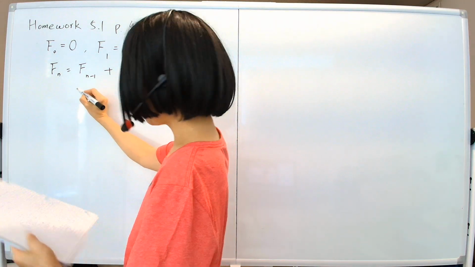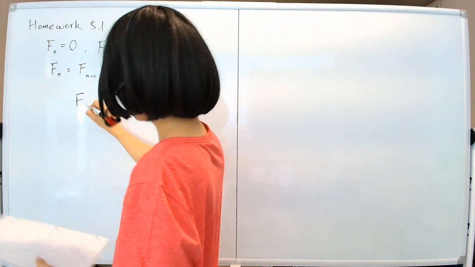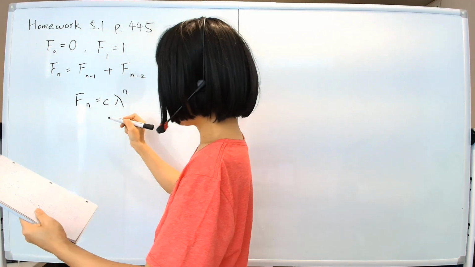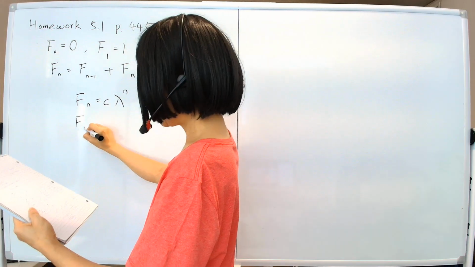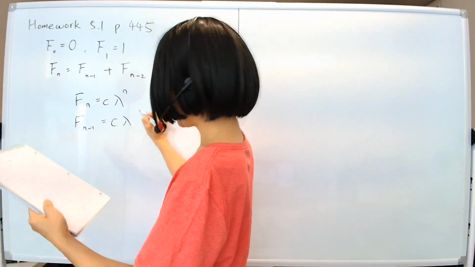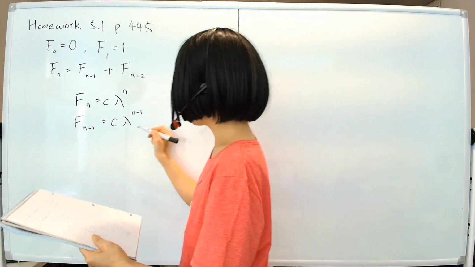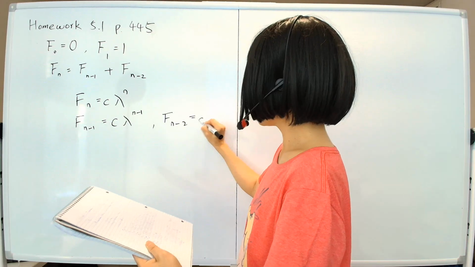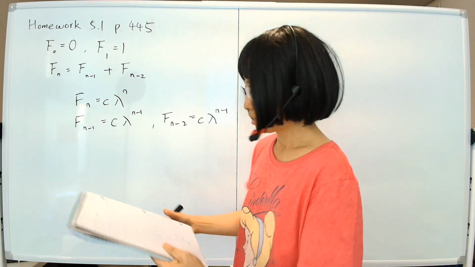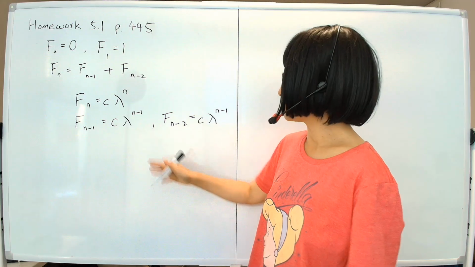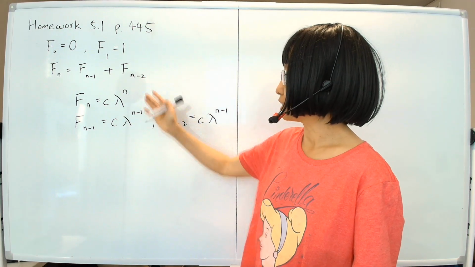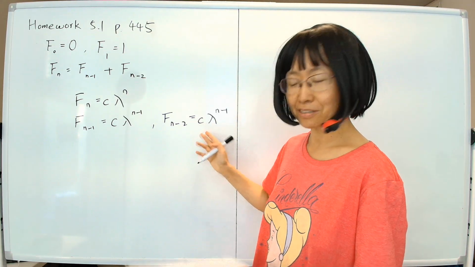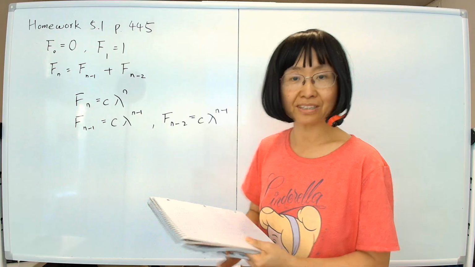Let's say F of n is something like this: Fn equals c lambda to the n, such that Fn minus 1 would be equal to c lambda to the n minus 1, and similarly Fn minus 2 equals c lambda to the n minus 2. Then we will fit this into the formula Fn equals Fn minus 1 plus Fn minus 2, and we'll come up with something.